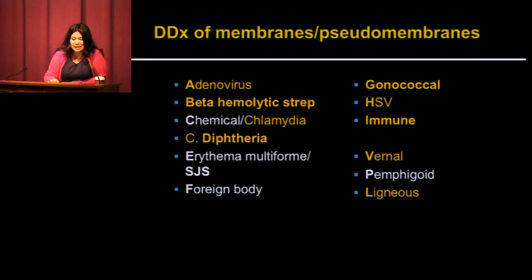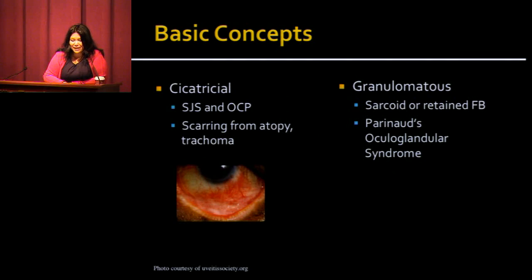Erythema multiforme was an E because I couldn't get SJS in there. This is Stevens-Johnson syndrome, but it'll help you remember that. Foreign bodies can give you membranes and pseudomembranes. You got gonococcal, HSV, and immune-related, again, meaning pemphigoid, vernal, and then those VPL I really couldn't fit into that little mnemonic. We'll figure that one out later.